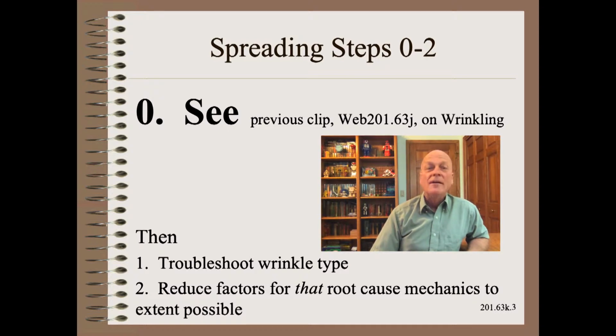Wrinkling step 1 is to then understand the specific type of wrinkle initiated at a specific roller on the machine. Wrinkling step 2 is then to reduce factors for that specific root cause mechanics. In most cases, that might include changing tensions a bit, because all wrinkles are tension sensitive, even if very few are actually caused by tension.